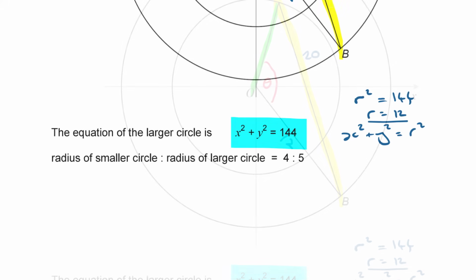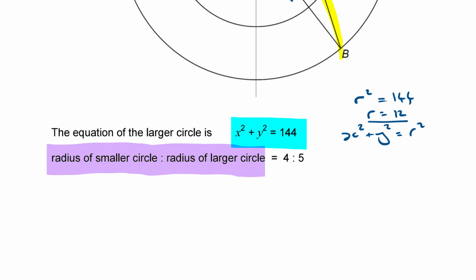Okay? We know the radius of the smaller circle to the radius of the larger circle is in the ratio of 4 to 5. If we know that the radius of the larger circle is 12, what is the radius of the smaller circle? Using the unitary method, going via 1. So if I take 5 and I divide it by 5, I'll get 1.